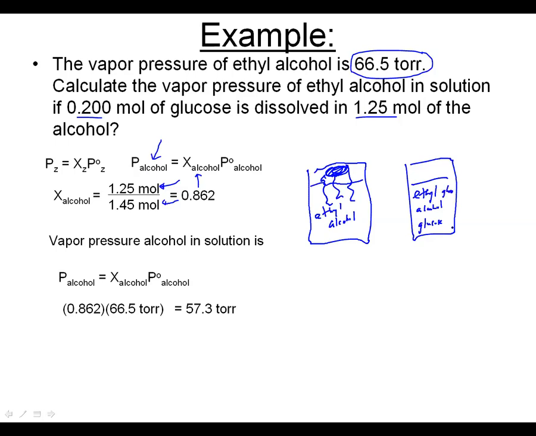Again, they just physically, if you will, get in the way of those guys being able to escape the surface, and we would end up with fewer gas molecules above the liquid, and that results in our vapor pressure lowering in this case. Any questions on that calculation?